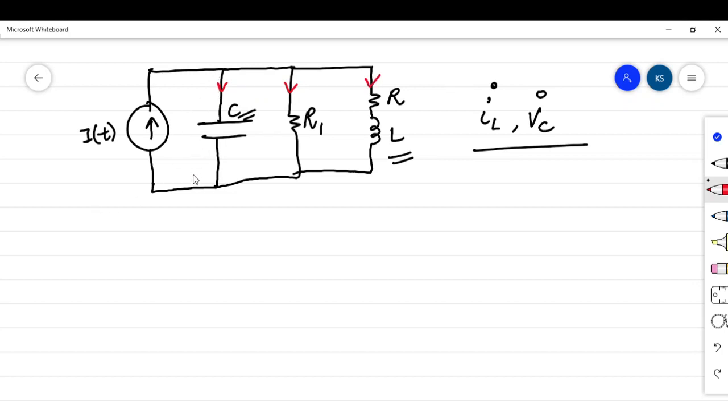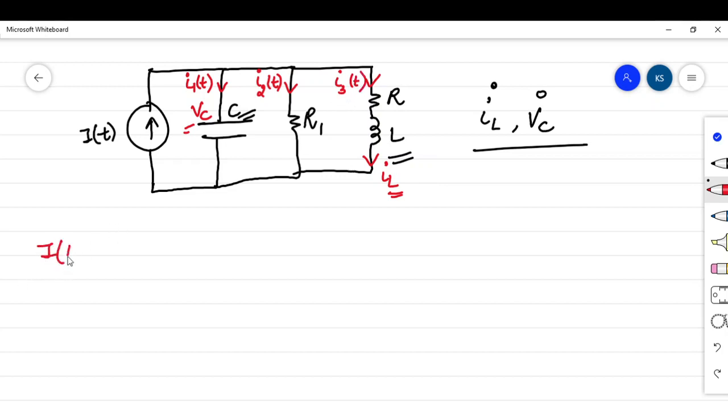First we define the voltage across the capacitor as Vc and the current flowing through the inductor as IL, because we are interested in these state variables. So the current is divided into three parts: I1(t), I2(t), and the third one I3(t).